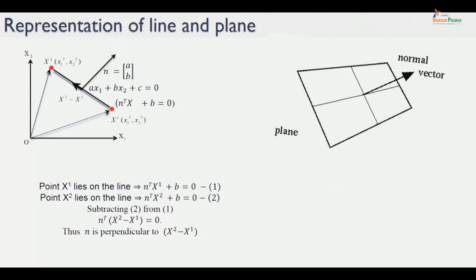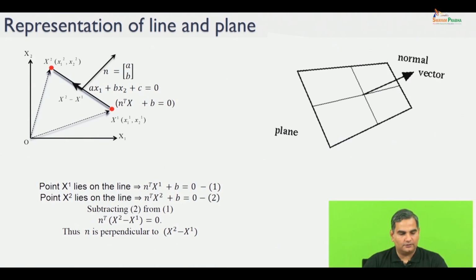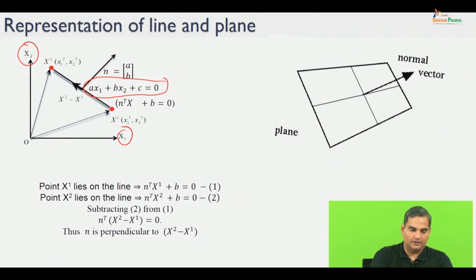So, let us look at what equations mean from a geometric viewpoint. To do this, let us start with two dimensions. Let us assume that we have a two dimensional space in x1 and x2, and let us also assume that we have one equation that relates the variables x1 and x2, which is a x1 plus b x2 plus c equals 0.